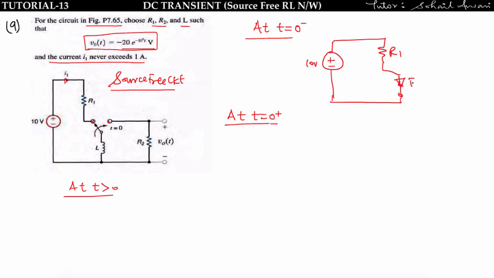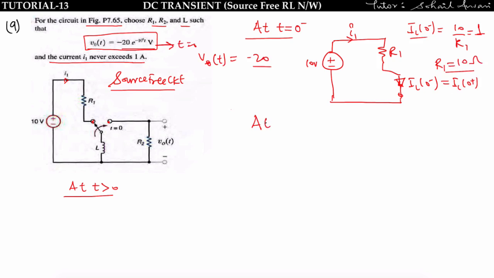Now find iL of 0 minus. iL of 0 minus is equal to 10 upon R1, and that is the maximum current flowing through this inductor. In this question it is said that I1 never exceeds 1 ampere, meaning iL of 0 minus must be equal to 1 ampere. It must not be greater than 1 ampere according to the question. So from here we can find R1 is equal to 10 ohm.